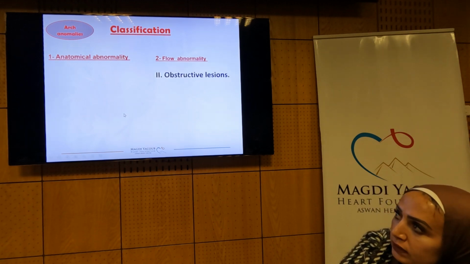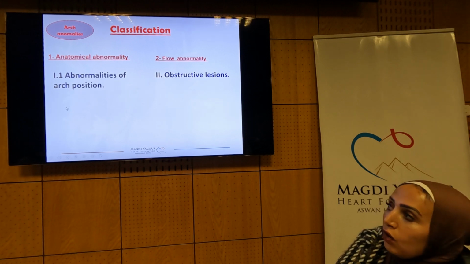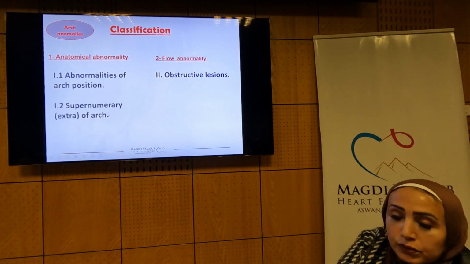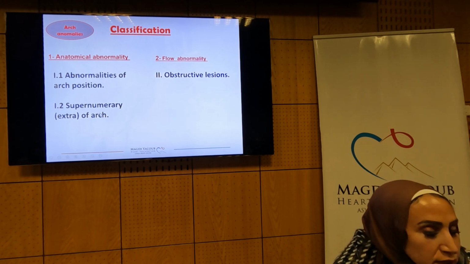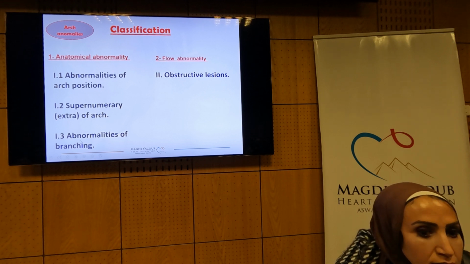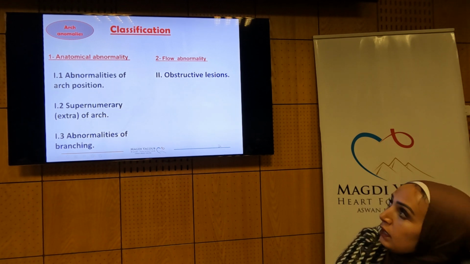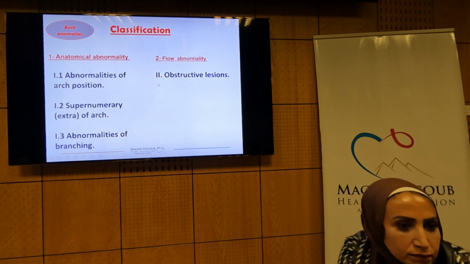For anatomical abnormality, we will have abnormality in arch position, or supranumerosity of the arch, where we have extra arches present, or abnormality in branching pattern other than the normal. In the flow abnormalities, we will have obstructive lesions.